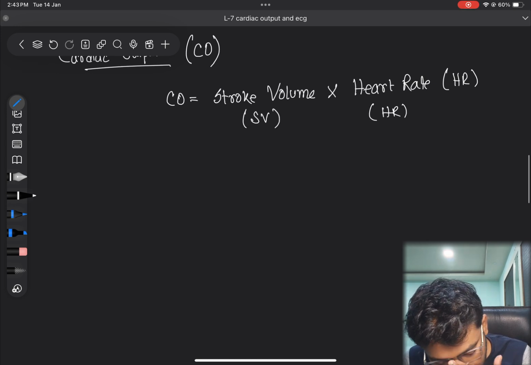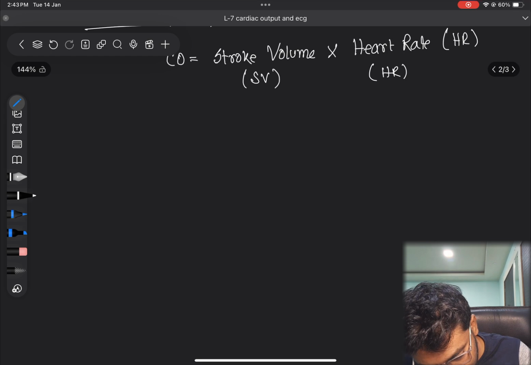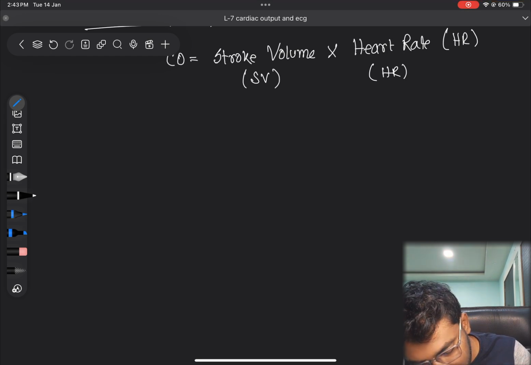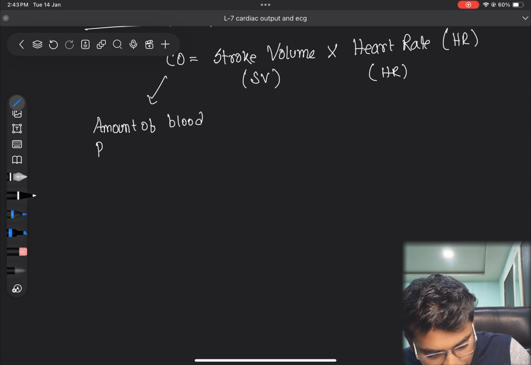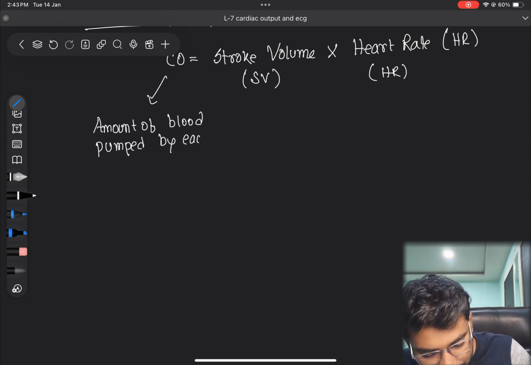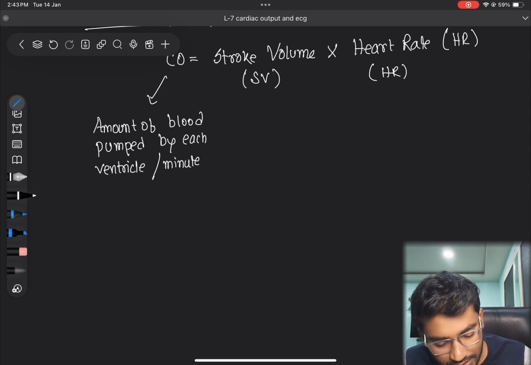Okay. So what is the cardiac output? The amount of blood pumped by each ventricle per minute. It is cardiac output.